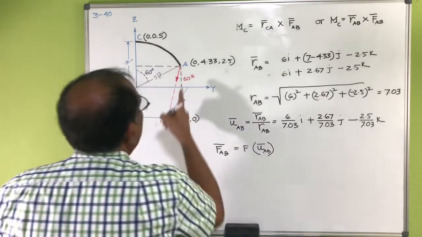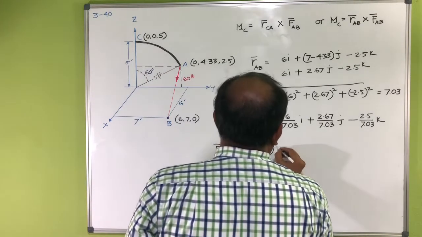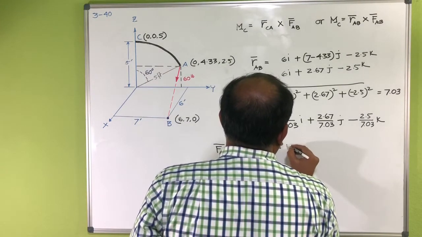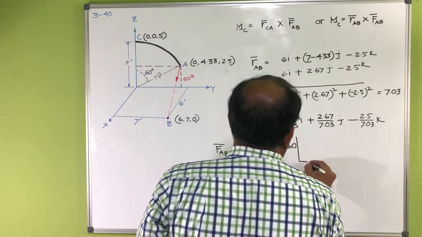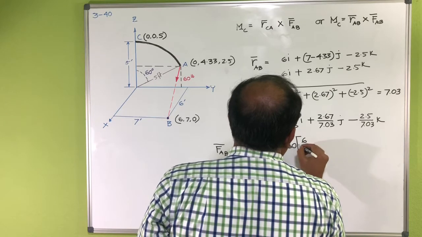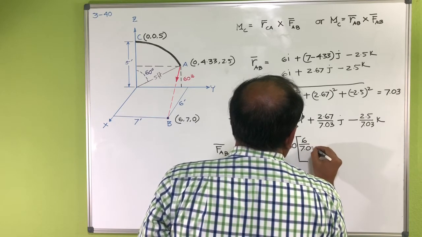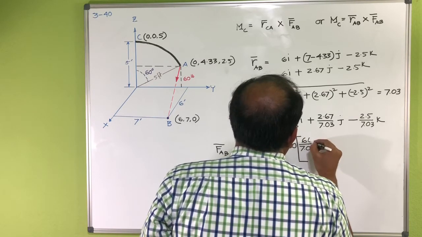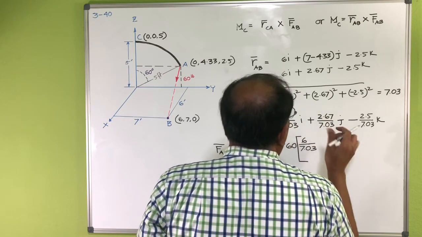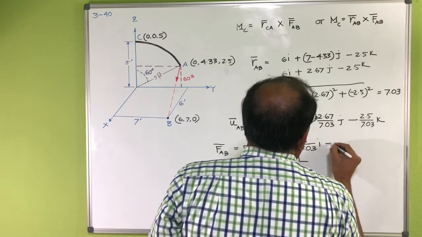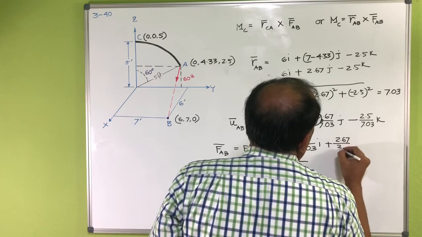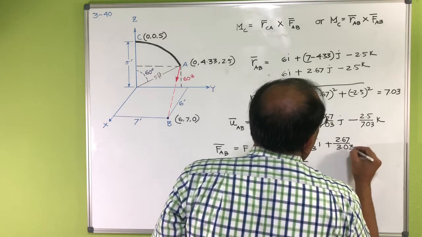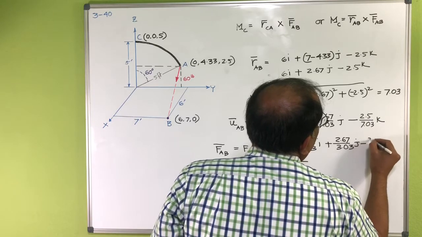The magnitude of that force is 60. So you can say this is 60 times 6 by 7.03 I plus 2.67 by 7.03 J minus 2.5 by 7.03 K.